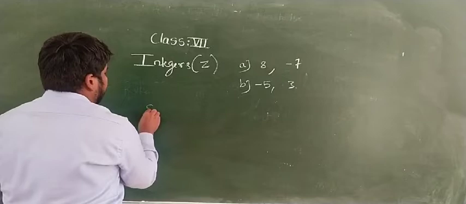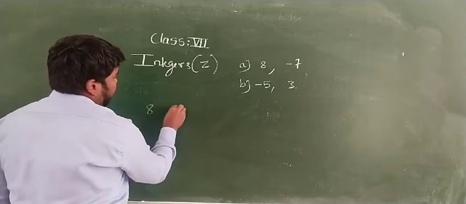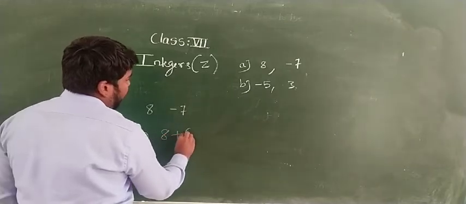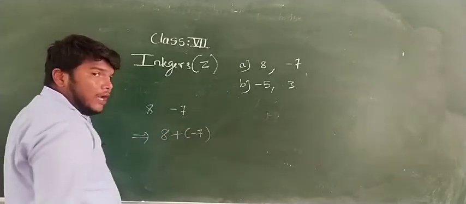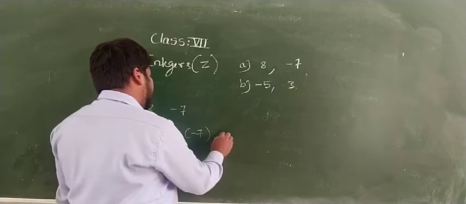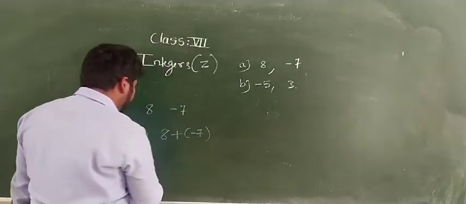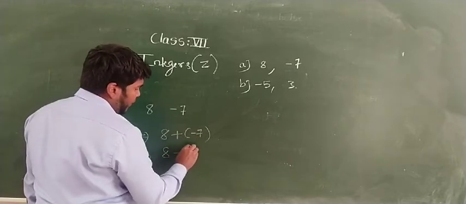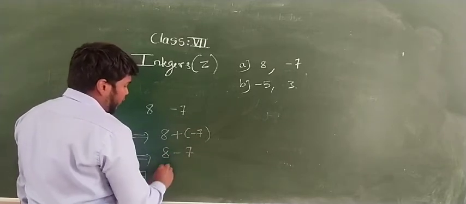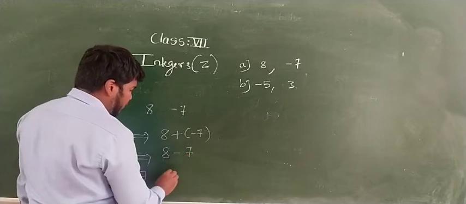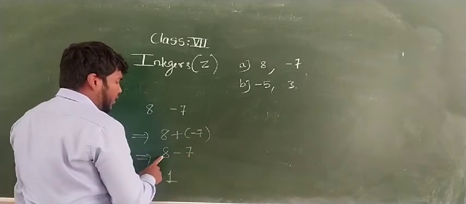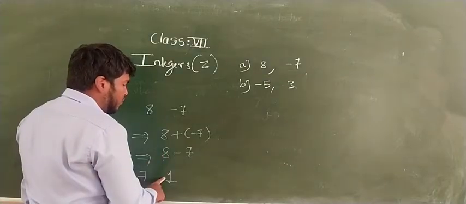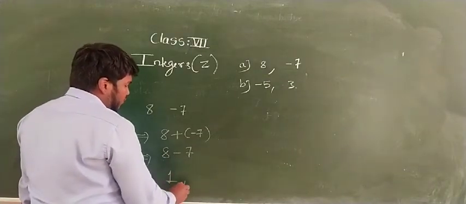So 8 plus -7: plus into minus is -7. Now see, first do the difference. 8 minus 7 is 1. Here we look at the greater number's sign. The greater number is 8, so it is positive. So the answer is 1.